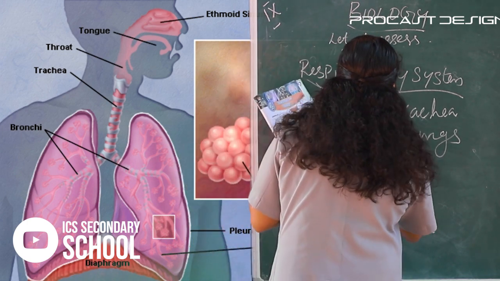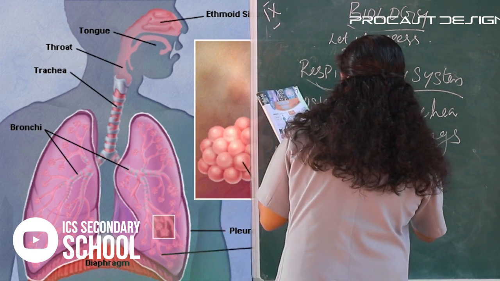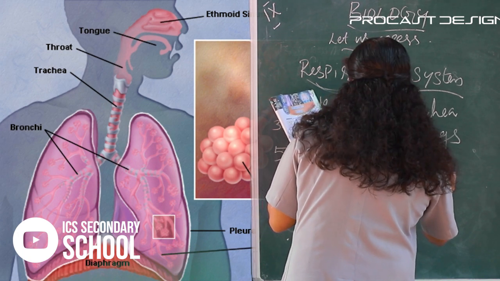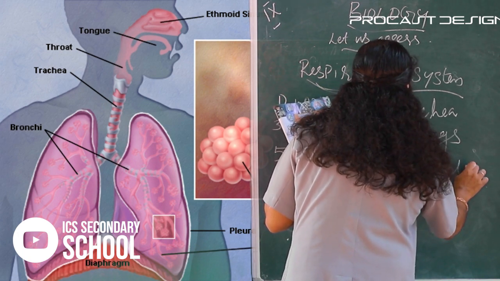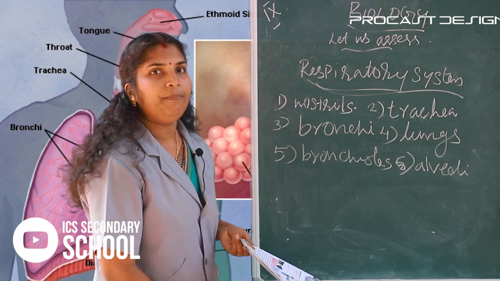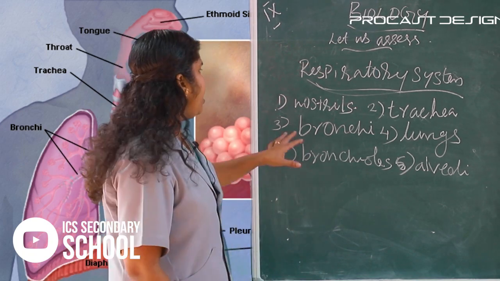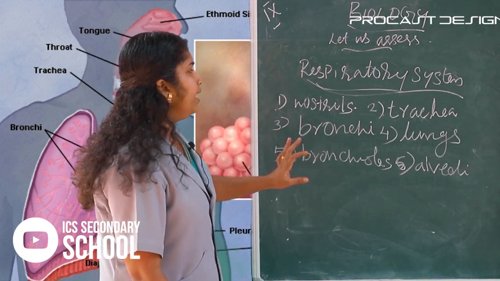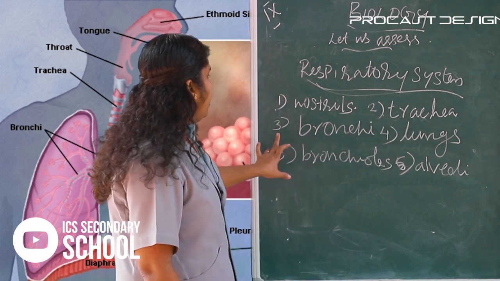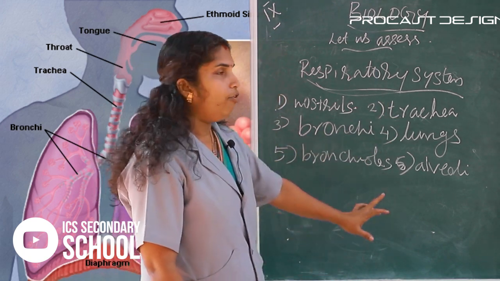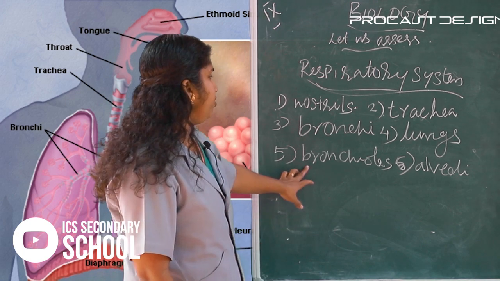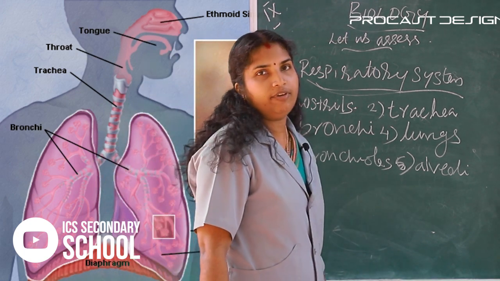Sixth one, alveoli. These are the parts of our respiratory system: nostril, trachea, bronchi, lungs, bronchioles and alveoli.